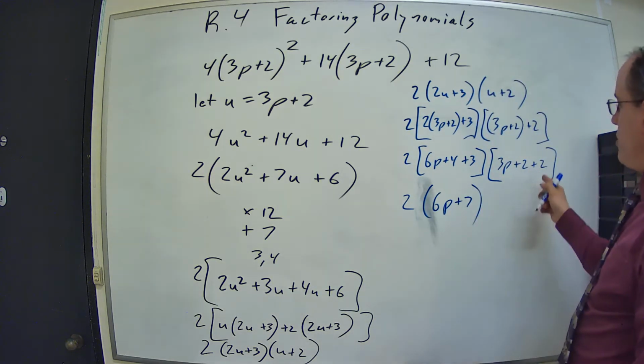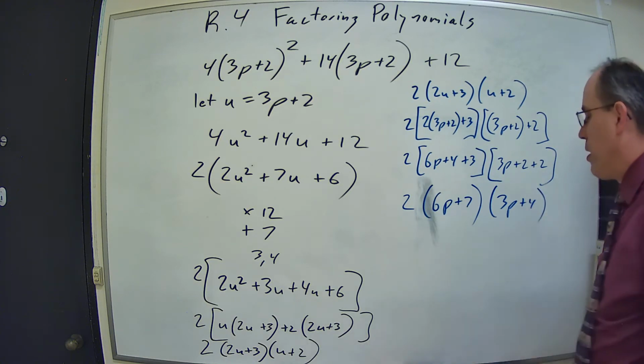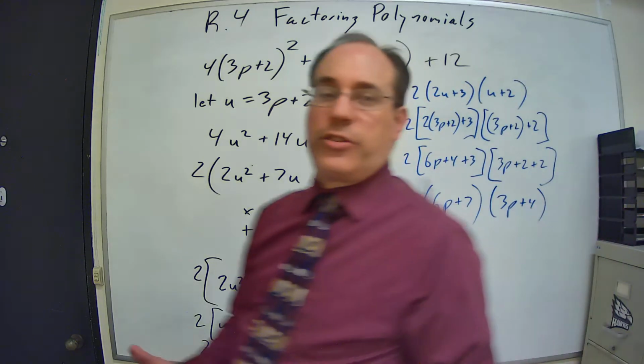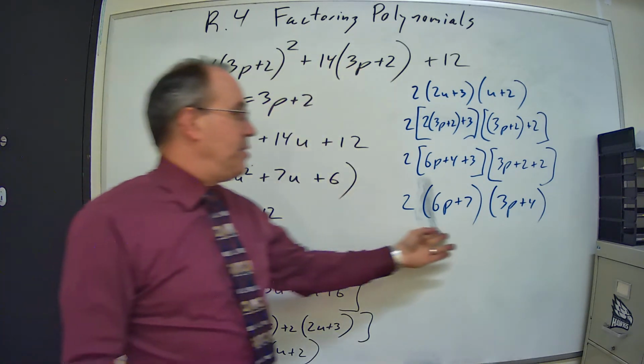And 3p plus 2 plus 2 is 3p plus 4. And we have now factored this thing down into that.